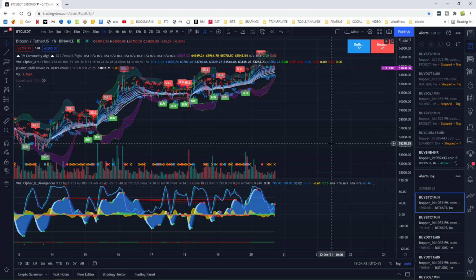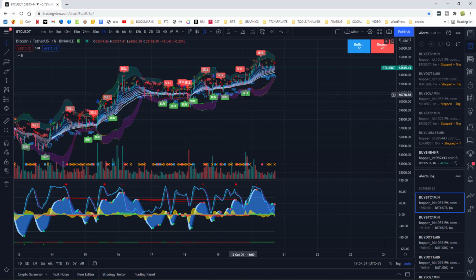I don't know how it works, but it's basically looking at what the community in Tradingview is doing. And obviously if they're all kind of, okay, buy now, that affects these here.